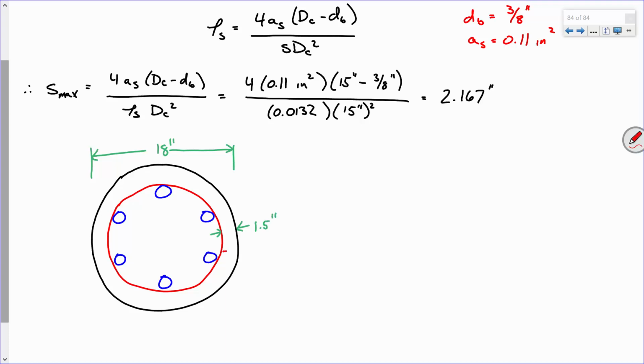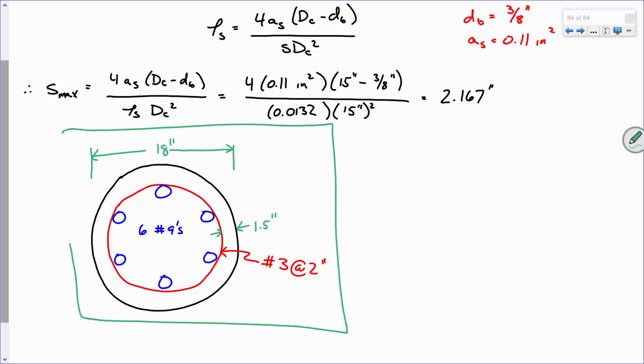We have number 3 spirals at 2 inches, and we have 6 number 9s. And that is column design, ladies and gentlemen.